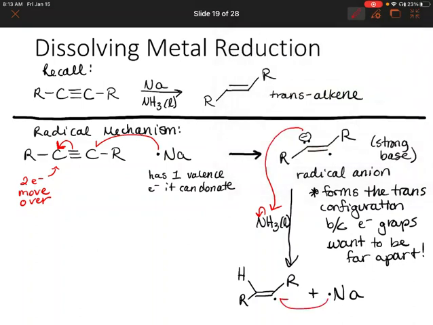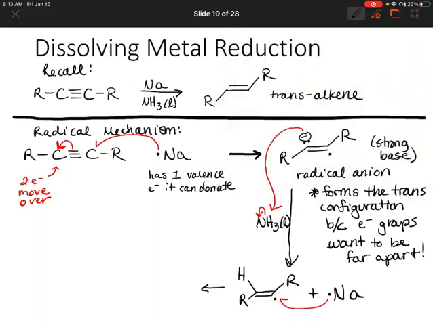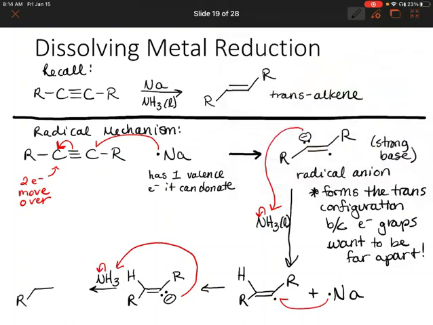So we're going to form a pair of electrons on the other carbon. Okay, so now we have an anion. And in the next step, we're going to add more NH3, and that lone pair of electrons can now grab a hydrogen from ammonia, and we get our final product.